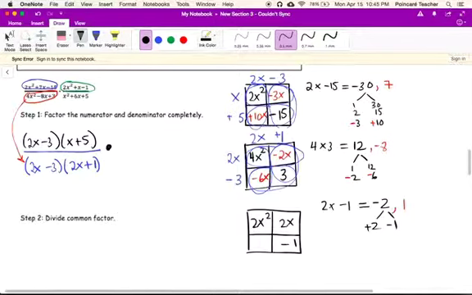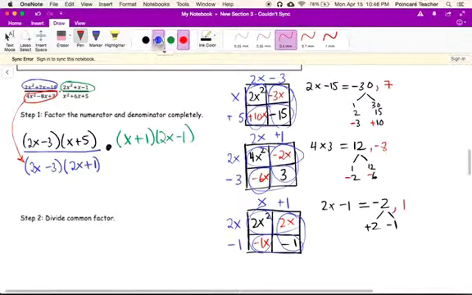So I have 2x, and I have negative 1x. Common factor here is 2x, common factor here is negative 1, common factor here is just x, common factor here is just 1. So the factored form of the numerator is going to be x plus 1 times 2x minus 1.